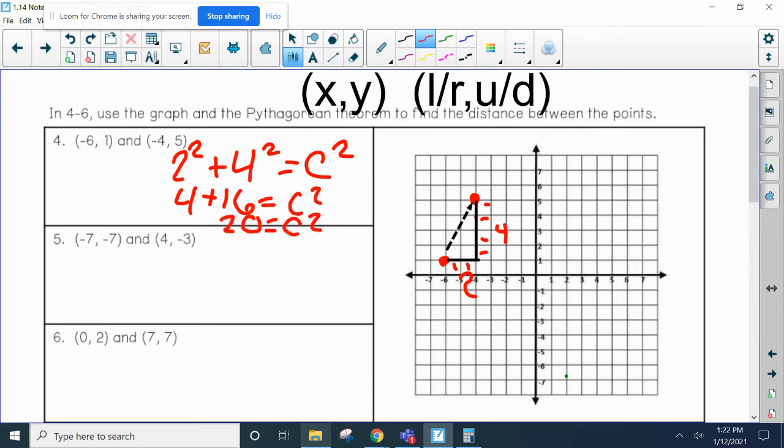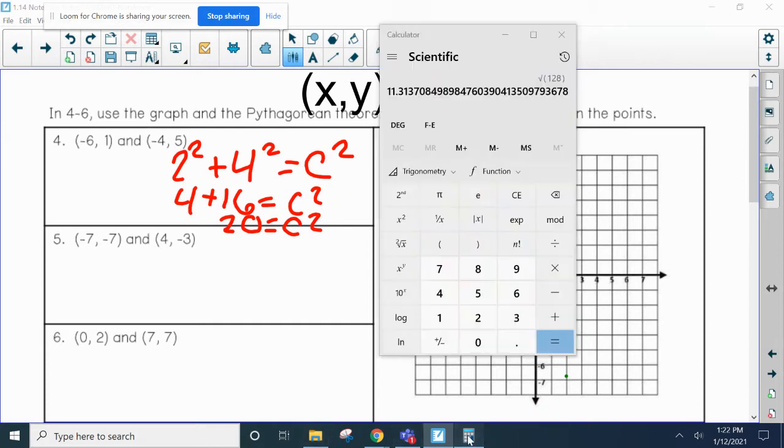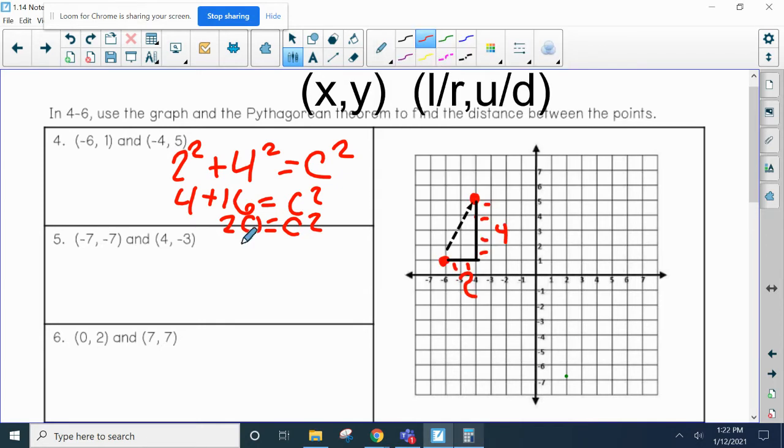So our square root of 20 is going to give us that distance. So when we go ahead and just say square root of 20 gives us 4.5 units. 4.5 is c, so 4.5 units is our distance.